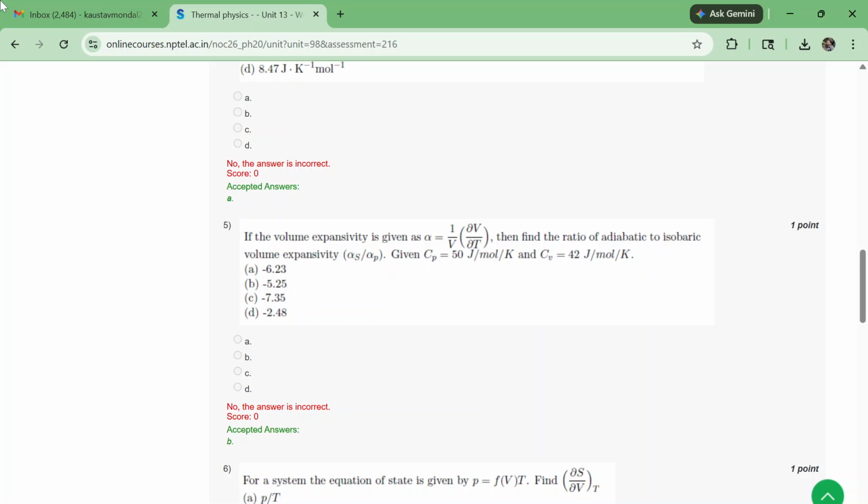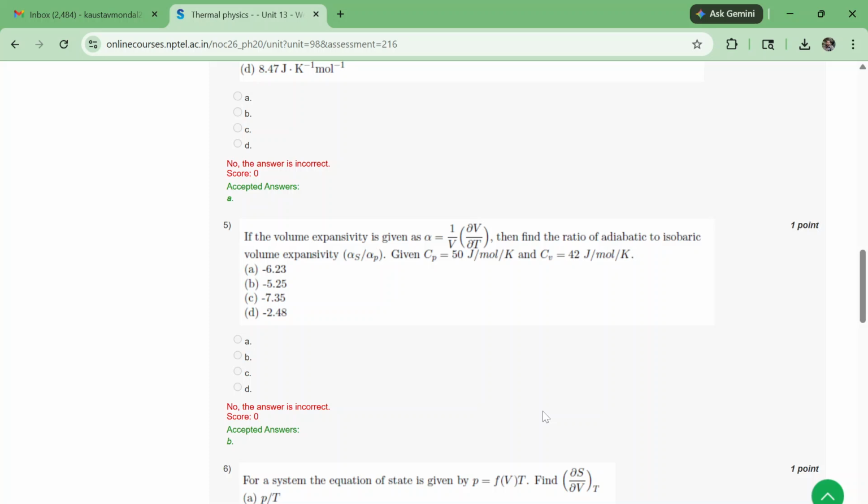So let's think about this question. Alpha is given as alpha equal to 1 by V del V del T. And it's saying the ratio of adiabatic to isobaric volume expansion.